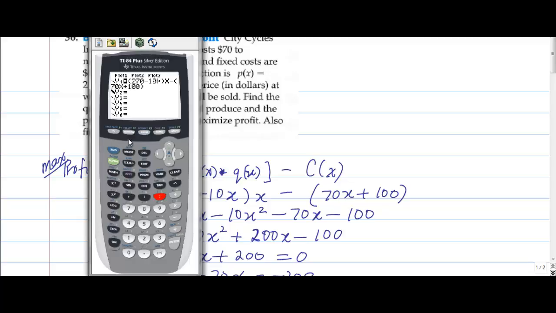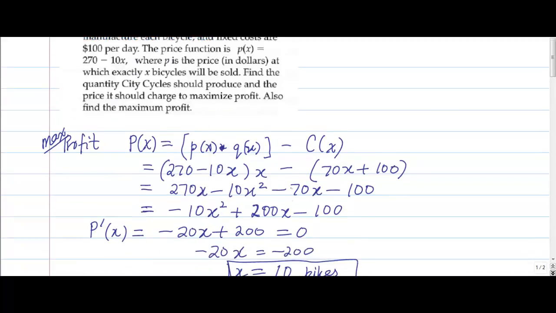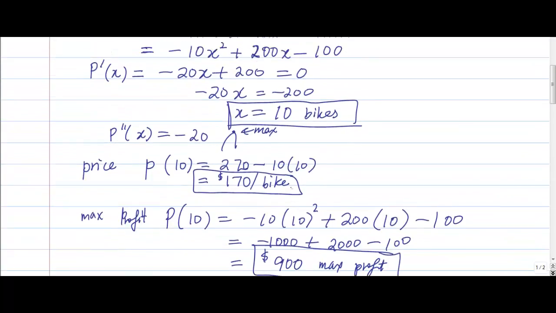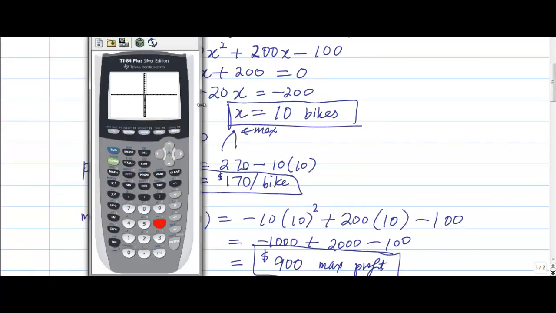Okay, and then let's do zoom standard and see what happens. Zoom 6. X is 10, and this should be 900, so I have a feeling it might not fit on here. Probably won't. So my window should go from 0 to, let's say, 15.